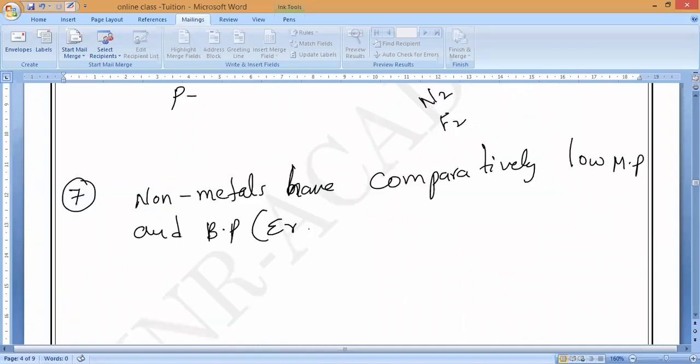Except one substance, the naturally hardest substance, diamond. Please all of you remember. Except diamond, which is a non-metal having a very high melting and boiling point.